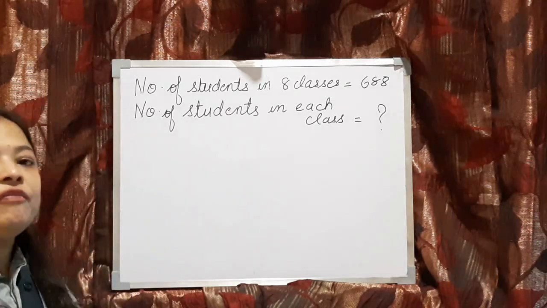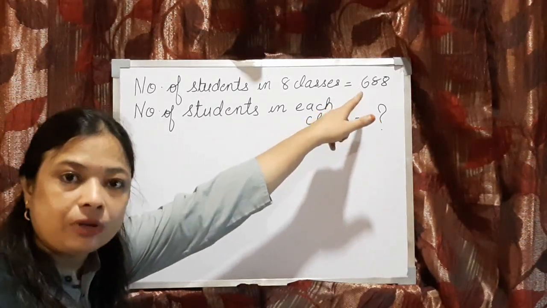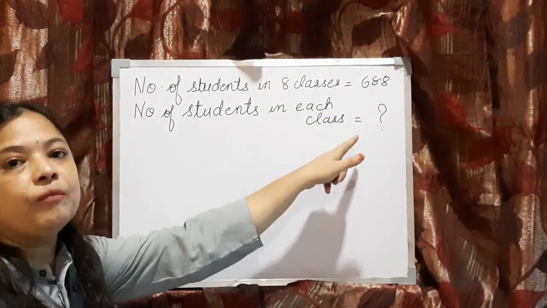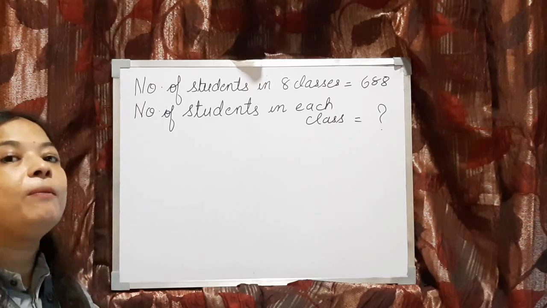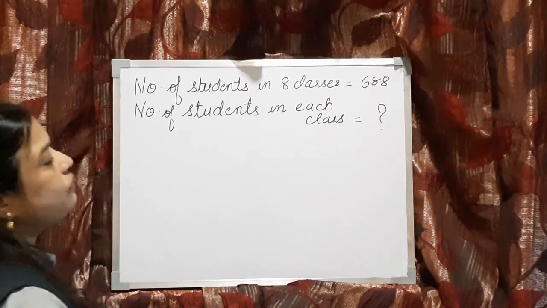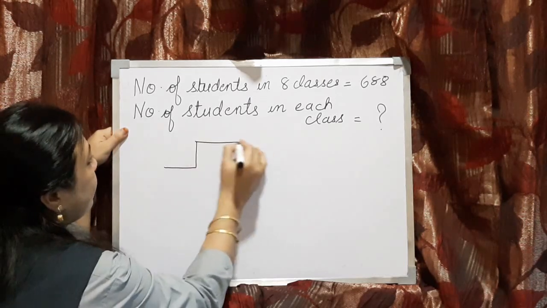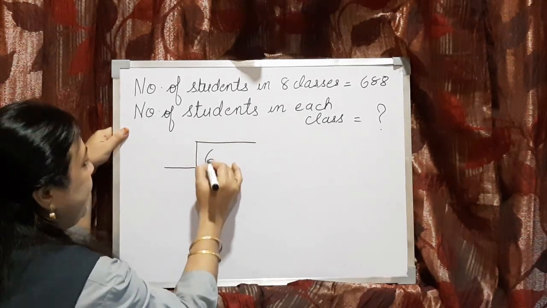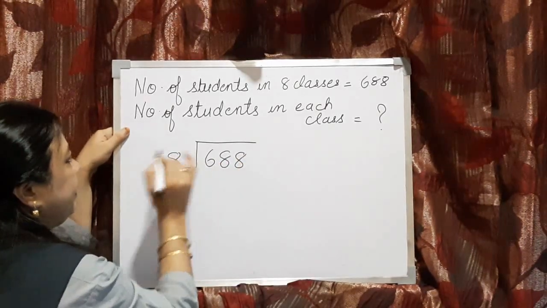In division we are finding out one thing. Total is given, but we don't know how many are in one class. So that we are going to find out by dividing the sum. So what will we do, children? 688 we will write down here, and 8 we are going to write it here.